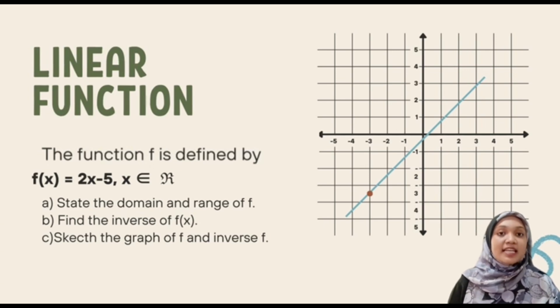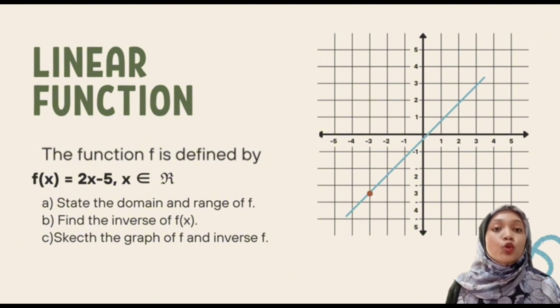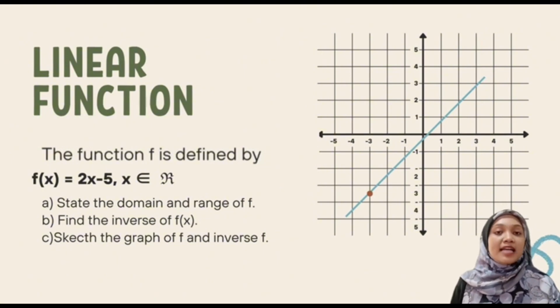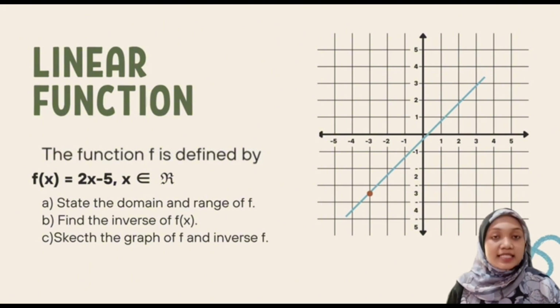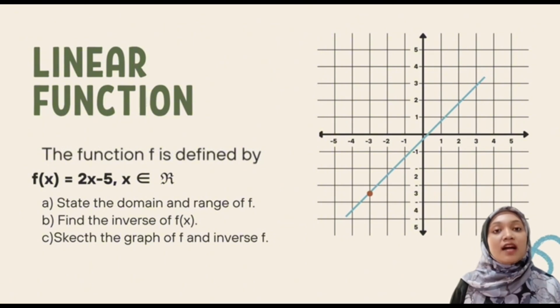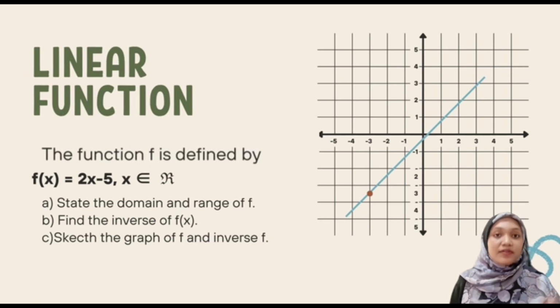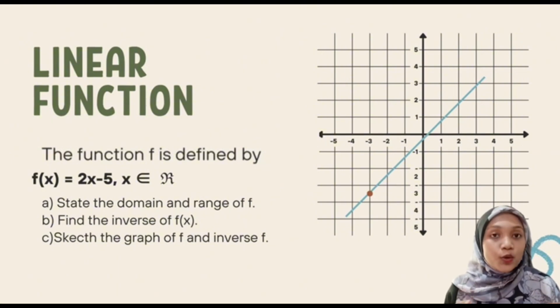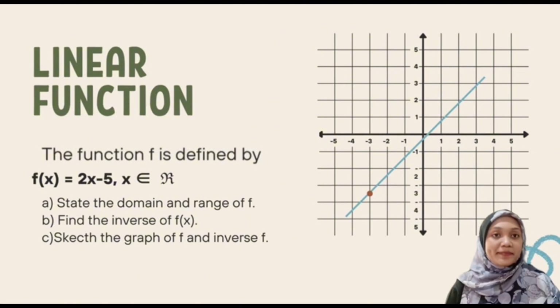The function f is defined by f(x) equal to 2x minus 5, x any real number. A. State the domain and range of f. B. Find the inverse of f(x). C. Sketch the graph of f and the inverse f. So, let's get a correct answer for this clone STPM question.